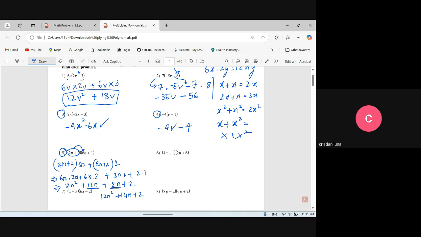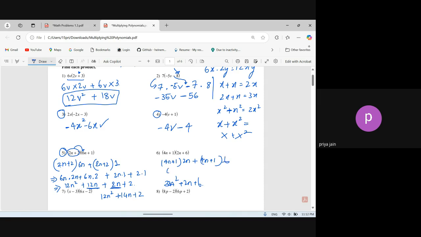Okay. My final answer is 32. Wait, just make sure. Okay, yeah: 32n squared plus 2n plus 6. Let me see. So we'll have 4n plus 1 times 2n, plus 4n plus 1 times 6.